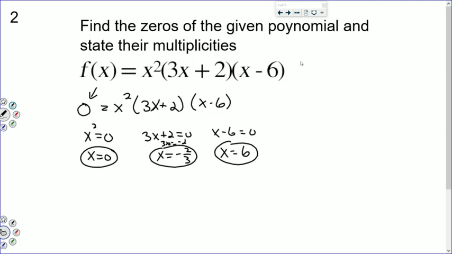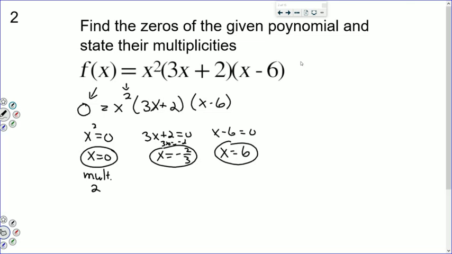But we also need to state their multiplicities. Since this guy was squared right here, we had 2 places where we could plug in 0 for x and get our function to be 0. So this has a multiplicity of 2, which means it's going to touch and turn around. It's going to turn and go the other direction at x equals 0.